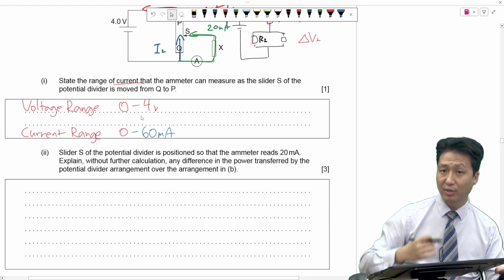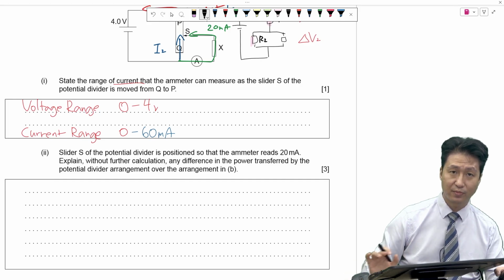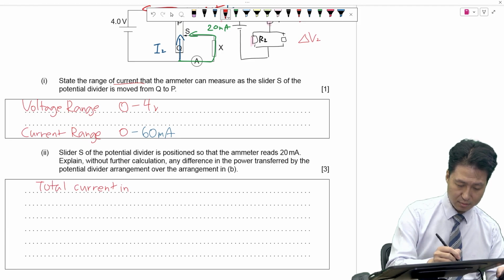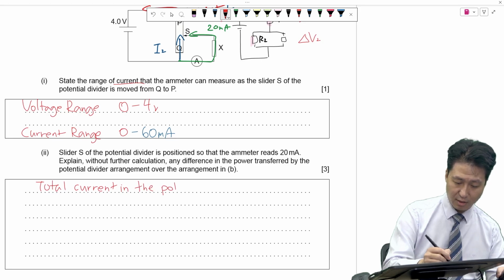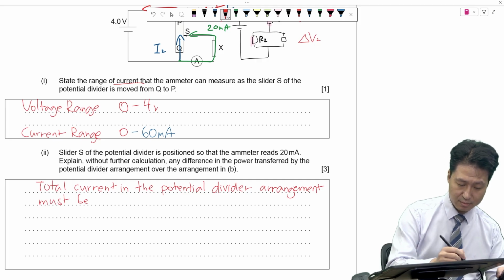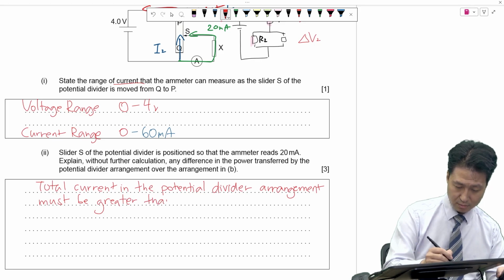And that means that the total current will be greater. So the total current in the potential divider arrangement must be greater than 20 milliamperes.